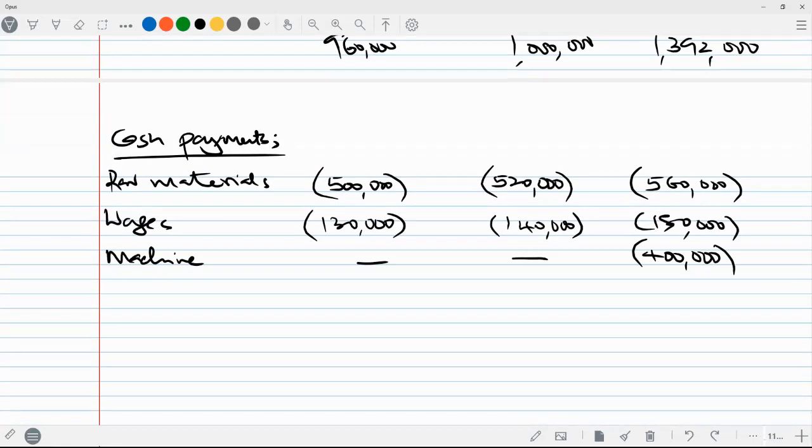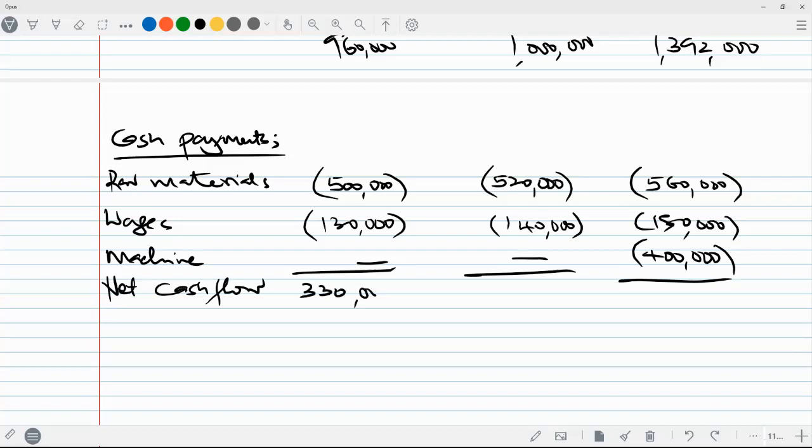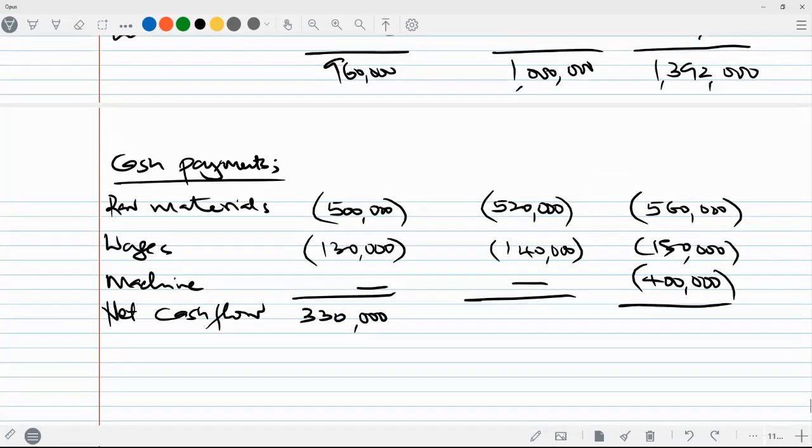So here I can say net cash flow. We call the net cash flow for the month will be equal to the inflow minus outflow. Okay, what do you get for each of the month? 960 minus 630, and you get 330. In the month of February, it's 1 million minus 660 to give us 340.